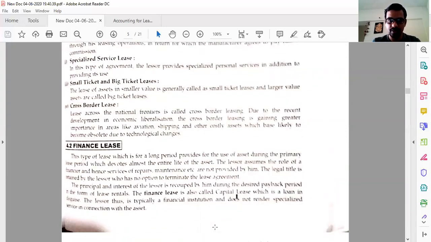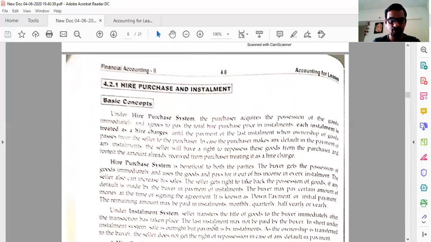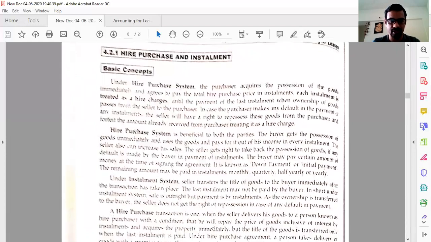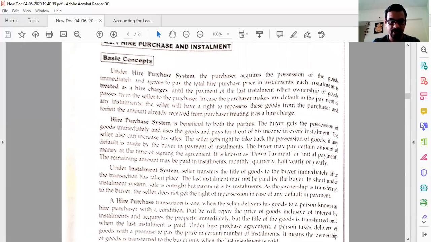Already I told you the meaning of the finance lease. Under the finance lease, two concepts come under it: first of all, the hire purchase system, and second, the installment system. Under a hire purchase system, the purchaser acquires the possession of the goods immediately and agrees to pay the total hire purchase price in installments.